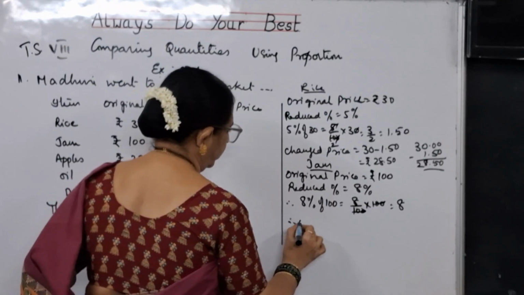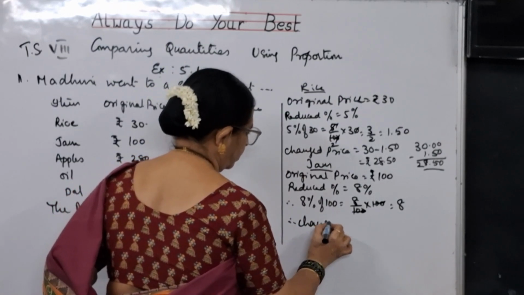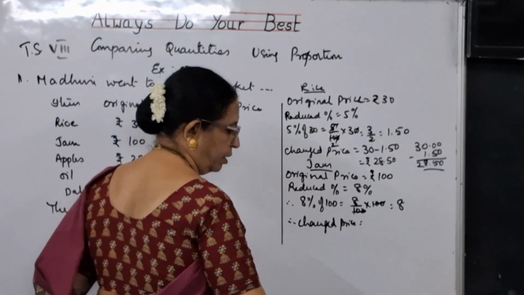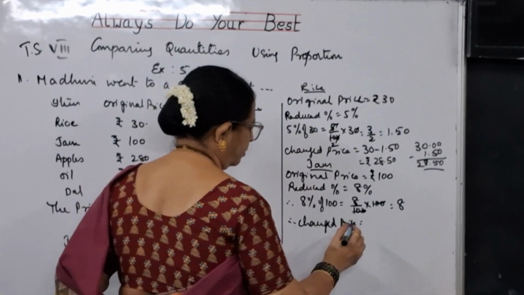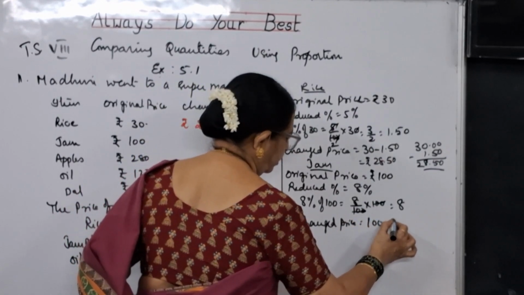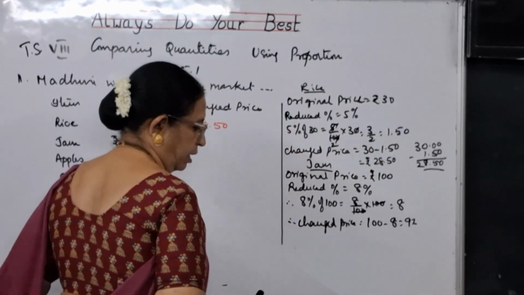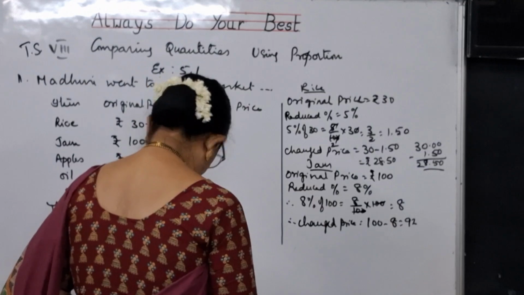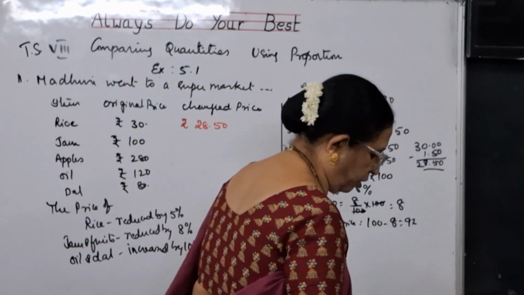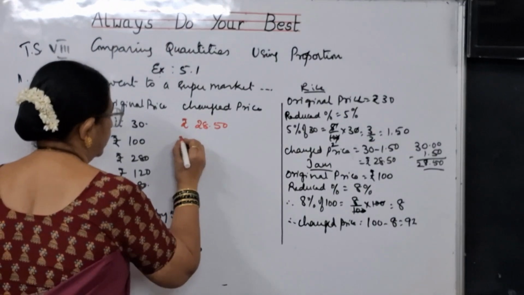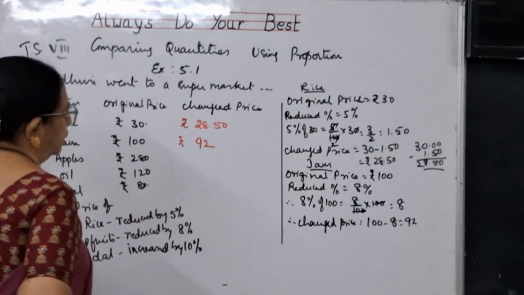So change the price. What is the changed price? The changed price is 100 minus 8. Reduced, no? You have to change. How much is it? 92 rupees. So the changed price is rupees 92.